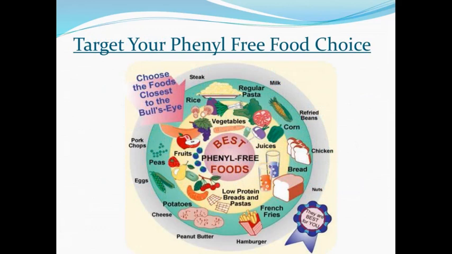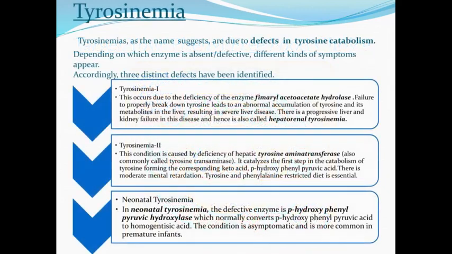So the next slide will show you how to choose your phenylalanine-free food choices. It is an illustration of foods which are low in phenylalanine. So there you have refined beans, corn, juices, low protein breads, pastas, fruits, vegetables and all.